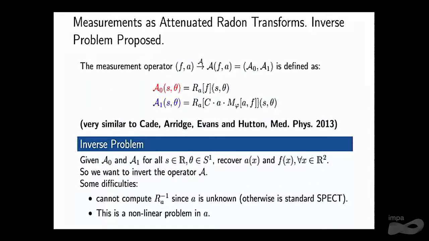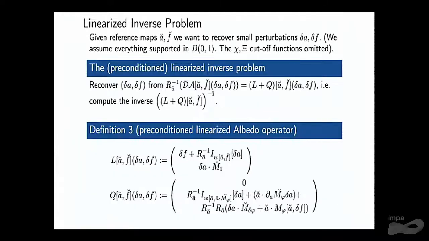The operator takes both measurements, M0 and M1. So we take the derivative of this operator with respect to F and with respect to A. The derivative can be decomposed into two parts, one part which is clearly invertible and the other part that is clearly small. So the main idea is to decompose this linearized operator into one part which is invertible.